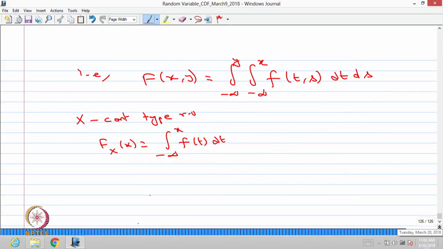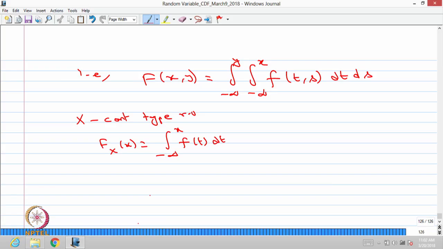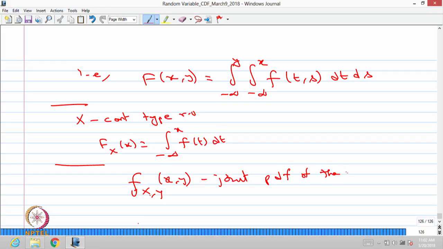Once you know the joint probability density function of x comma y, one can find the probability density function of one random variable. This small f of x comma y is the joint probability density function of the random variable x comma y.